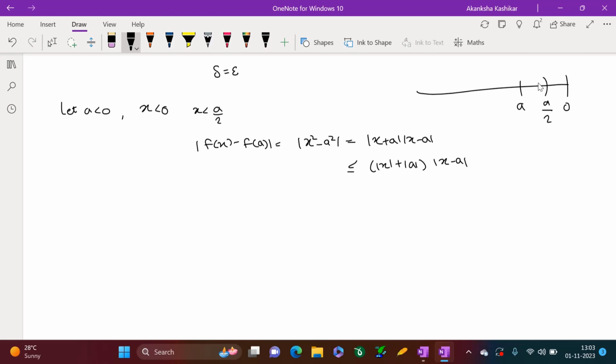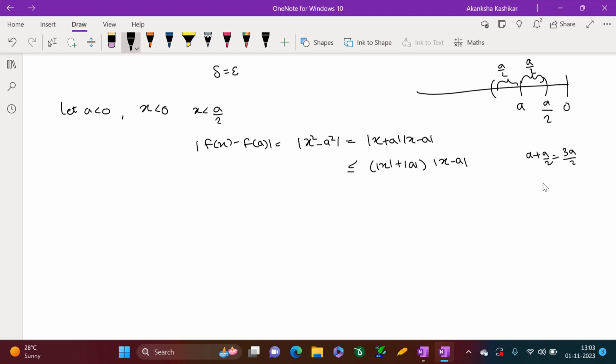Okay, so what I know is what will be the largest value. So this distance is a by 2. So if I go a by 2 on this side, what do I get? I will have a plus a by 2, that is 3a by 2. Okay, this will be the largest value.